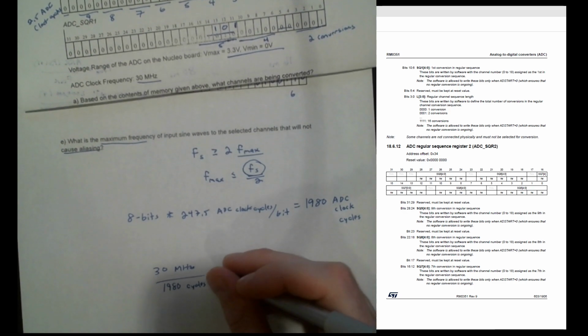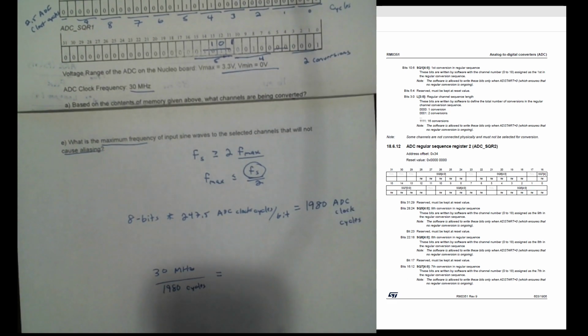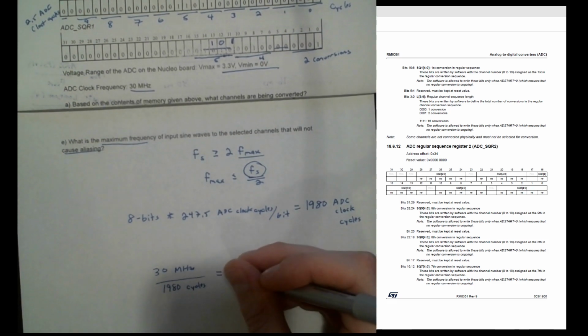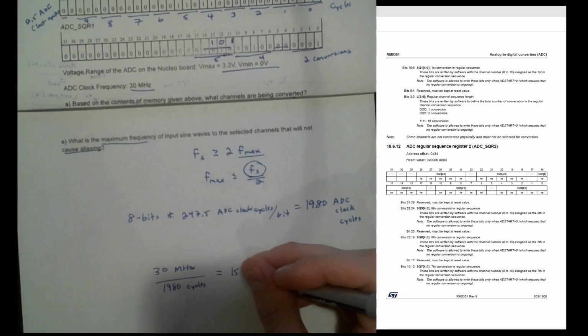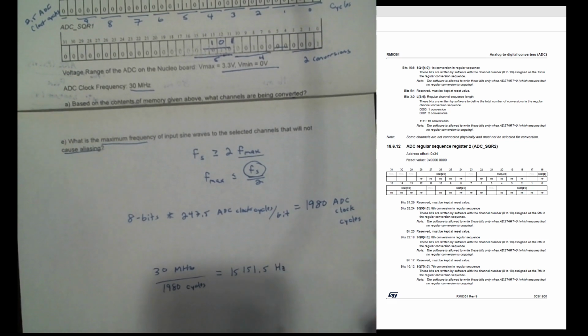What this gives us is another frequency, but hertz is sort of overloaded here: we're going to do conversions per second instead of cycles per second. So let's go ahead and do that. 30 million divided by 1980 is going to give us 15151.5 hertz. So I guess we'll just leave it as hertz there.